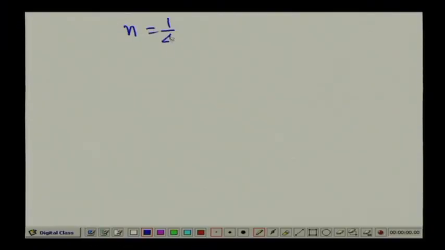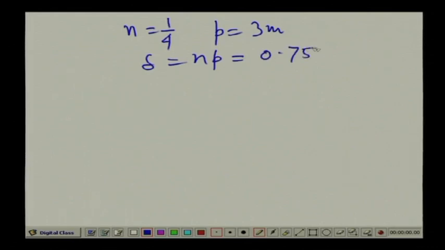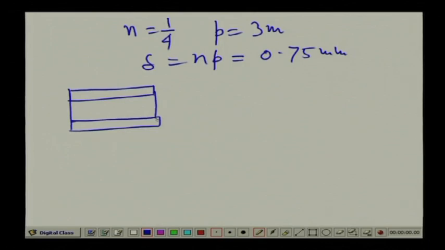Now, since the turn is 1/4, n equals 1/4, and the pitch is 3 millimeter. So, delta equals n times p, which equals 0.75 millimeter. The compatibility gives that, with the copper sleeve and the steel bolt, the compression in the copper sleeve equals the tensile pull in the steel bolt.